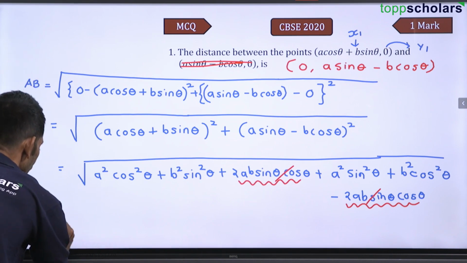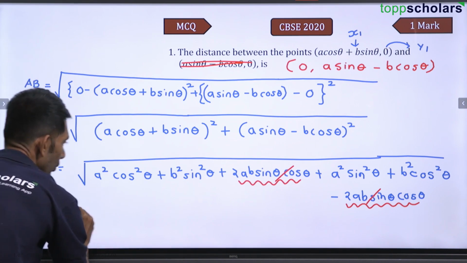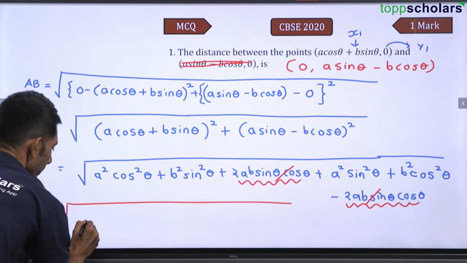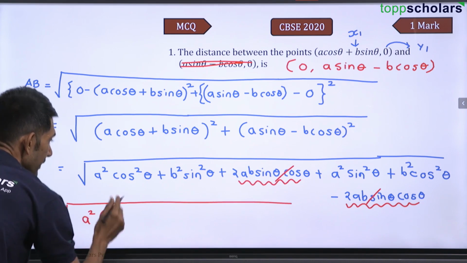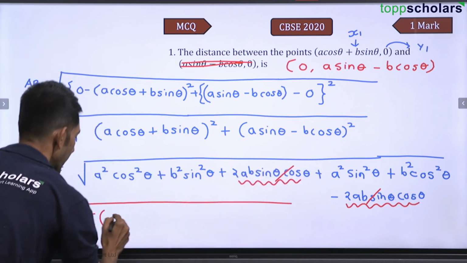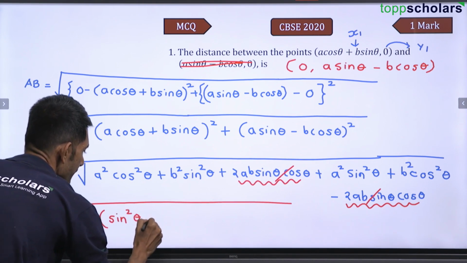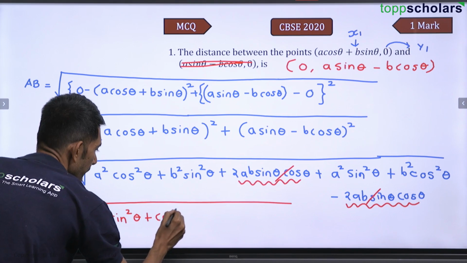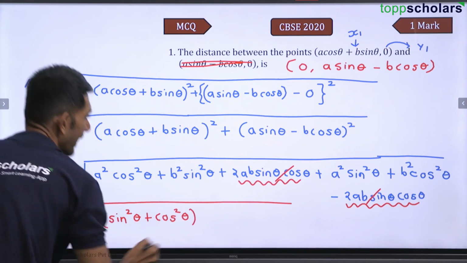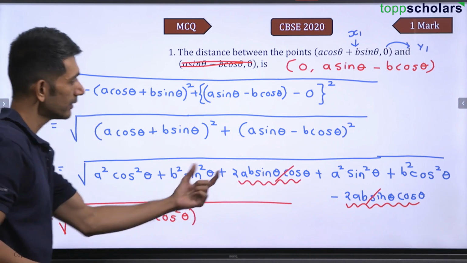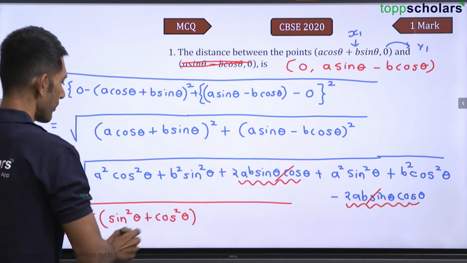So can I take a square common? So that becomes under root of a square common in the bracket. From here a square is common. I get sin square theta plus cos square theta. And then again from here and here I can take b square common.